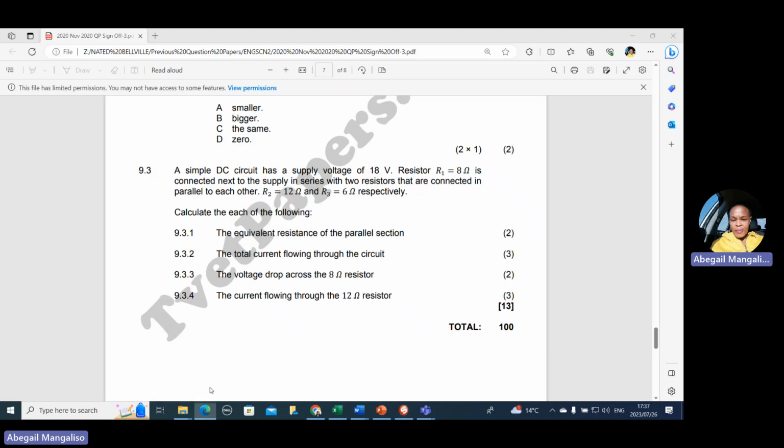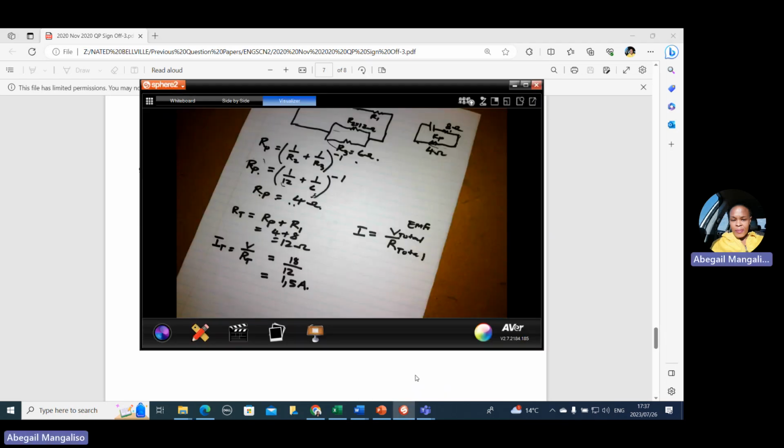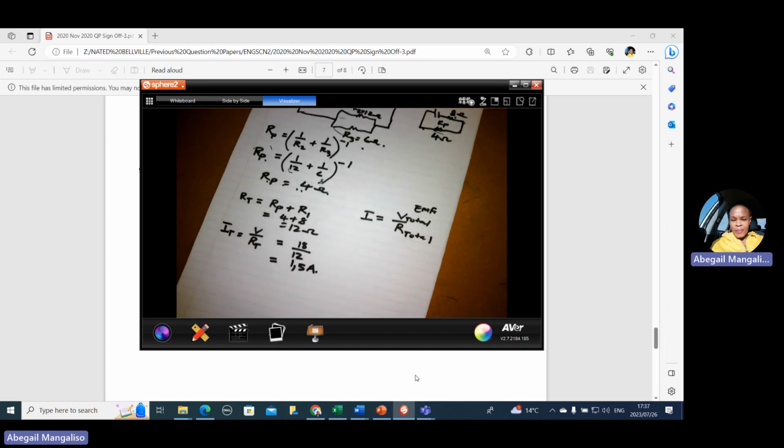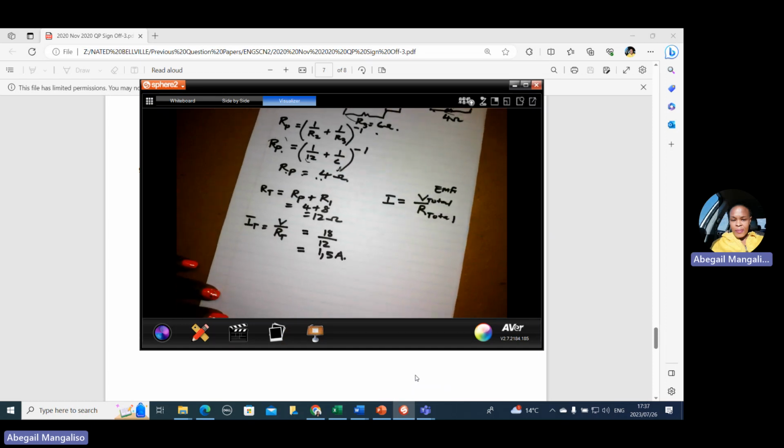Question number 3. A voltage drop across the 8 ohm resistor. You are looking for the voltage across the 8 ohm resistor. We use Ohm's law to calculate that voltage across the 8 ohm resistor.